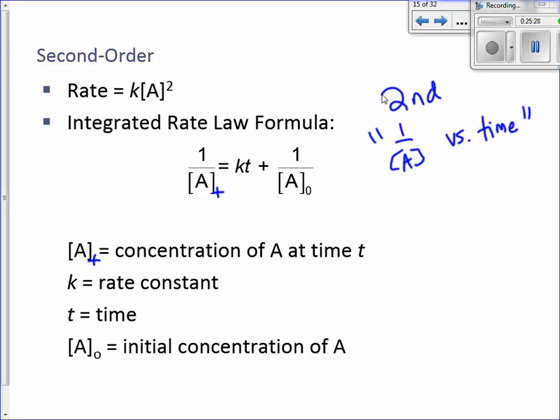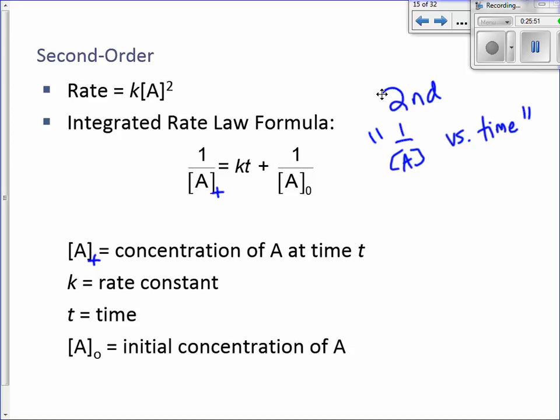They're just in different spots now in the formula. So make sure you have the formula down. That one is on the formula sheet, so you don't have to memorize it. The half-life of first order and second order are both on the formula sheet. You don't have to memorize those either.